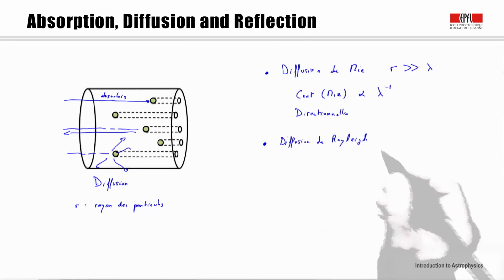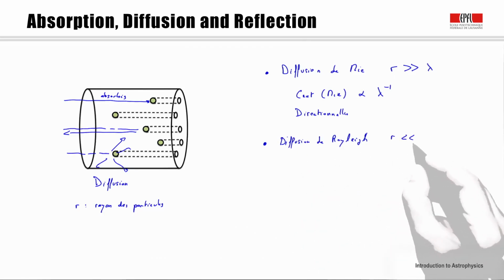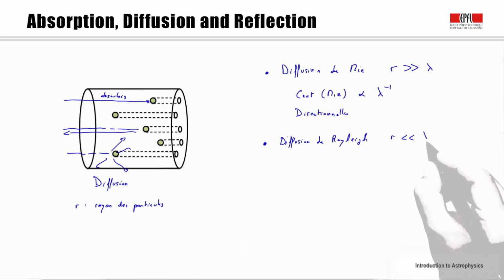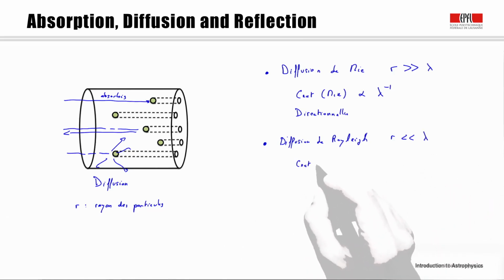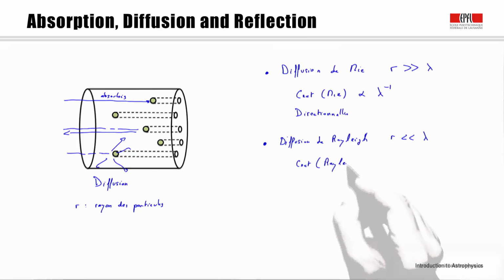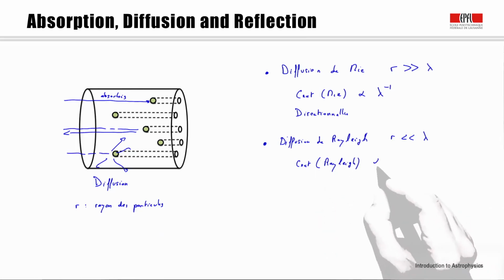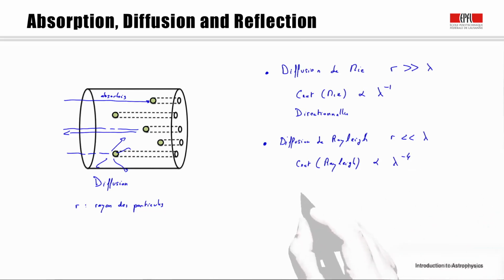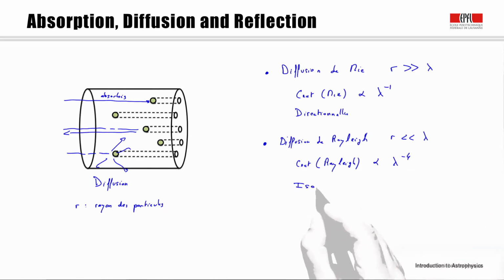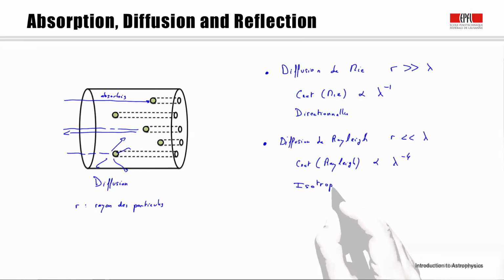Another type of scattering is the Rayleigh scattering. That takes place when the medium consists of small particles, smaller than the wavelength. For this type of scattering, the extinction coefficient depends even more strongly on the wavelength, as lambda to the minus 4. Rayleigh scattering is isotropic.